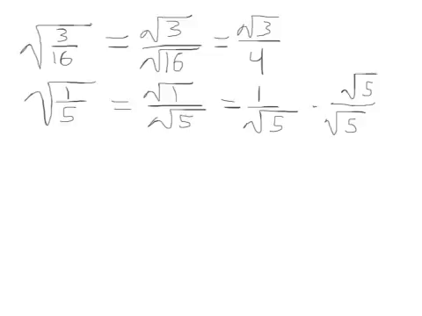So what I'm going to get when I multiply these together, I'm going to multiply the numerators, which is 1 times square root of 5, over, and on the denominator we're going to have square root of 5 times the square root of 5, which when you multiply those together, I'm going to get 5. So notice what I have. I have square root of 5 over 5. So now there is no radical in the denominator, and this is simplified as far as I can.